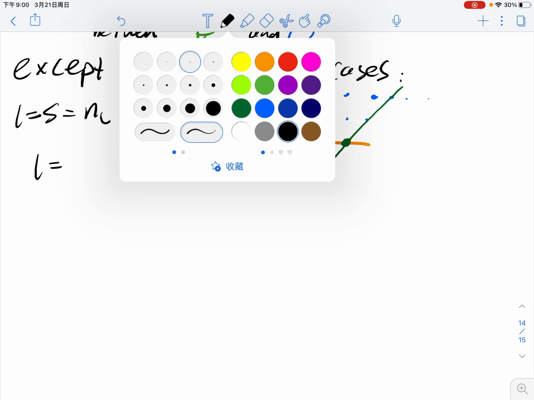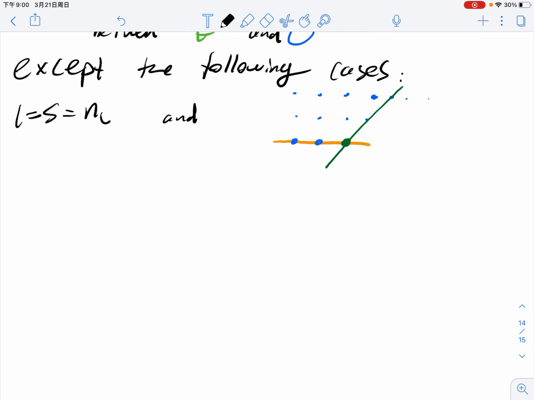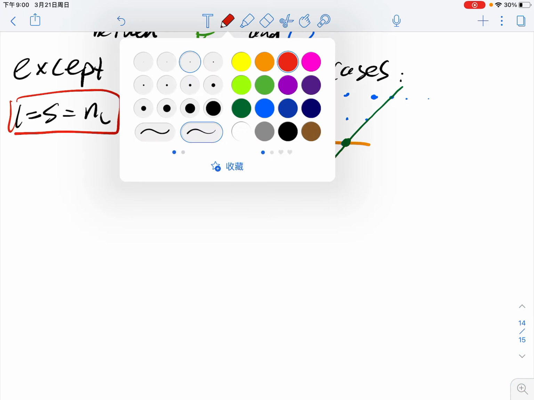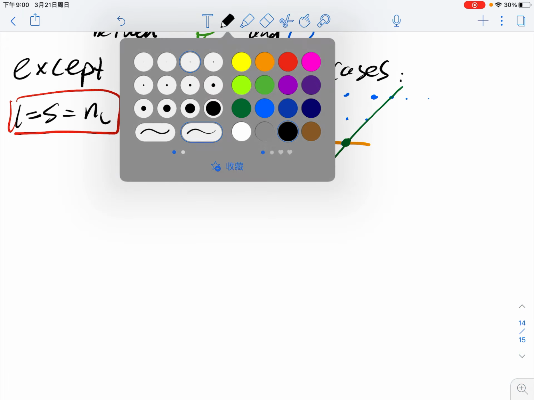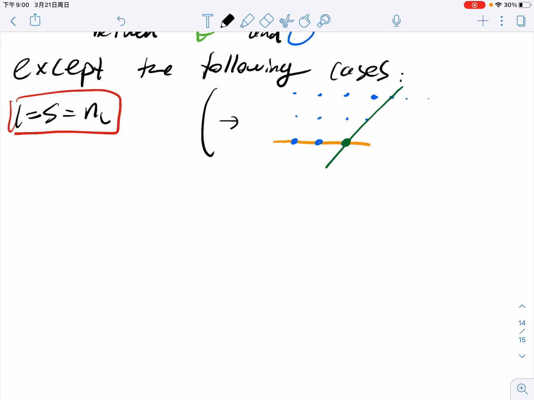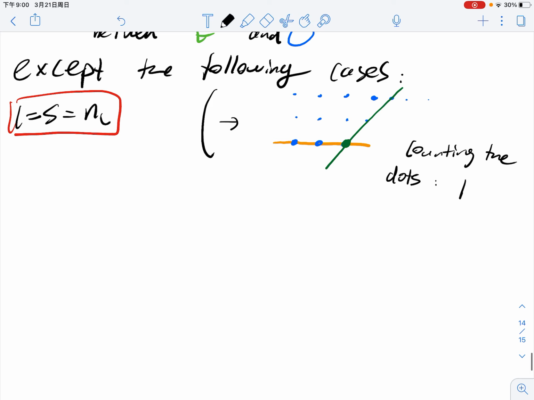So this suffices. So this part is just a geometric picture. So you will have this shape, and counting the dots gives you k times (3k minus 1) divided by 2.